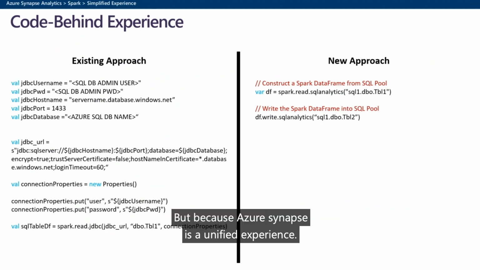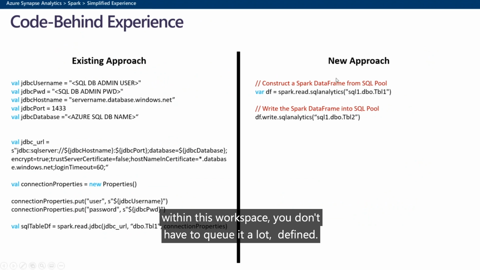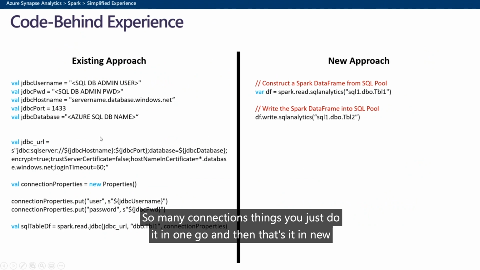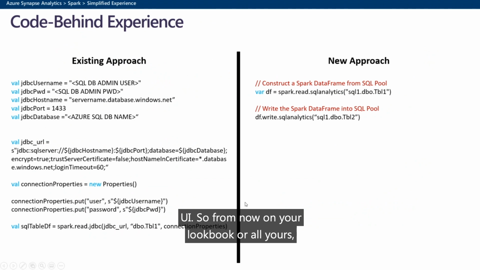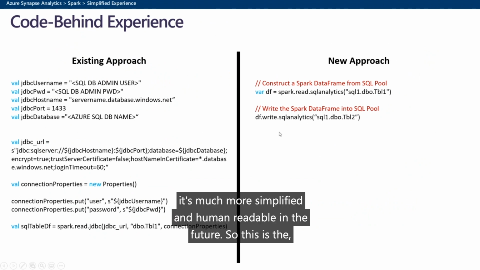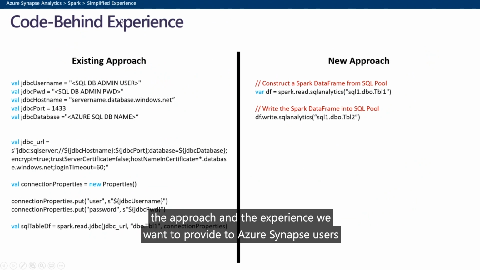But because Azure Synapse is a unified experience, once you define the datasets within the workspace, you don't have to define so many connection details. You just do it in one go in the UI. So from now on, your notebook or even your SQL script is much more simplified and human readable. This is the approach and experience we want to provide to Azure Synapse users.